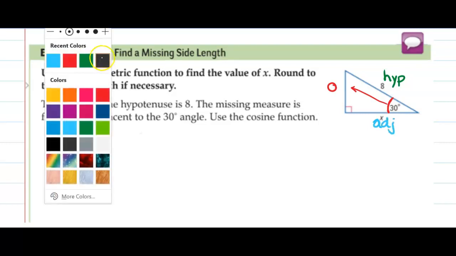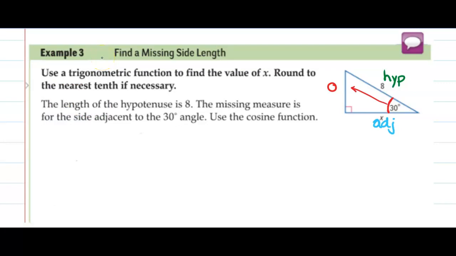With the hypotenuse, I know it's 8. With the adjacent, I know it's the side I'm trying to find. The opposite, though, I know nothing about it. I don't want to know anything about it, so we just cross it out. Or you could erase it. Next, I'm trying to figure out what trig ratio relates H and A. If you need, write it out. So SOH CAH TOA.